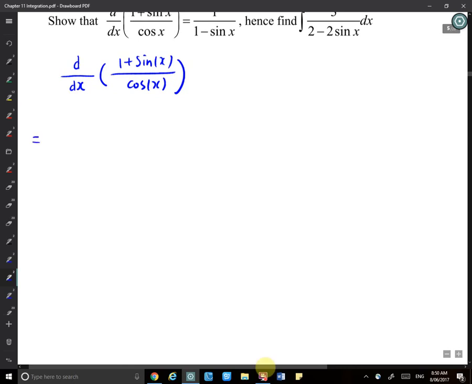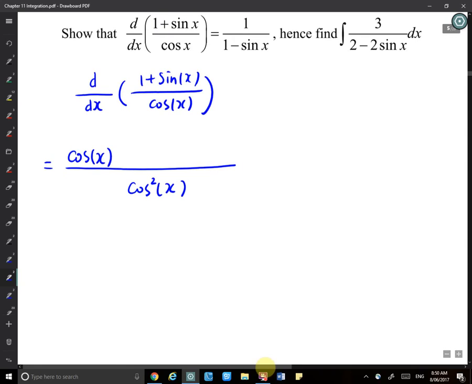And that will be a quotient rule. So I will have cosine squared x on the bottom, and I put the cosine x on the top, and I will derive here. If I derive that, 1 becomes 0, sine becomes cos x, so you will times another cosine x.